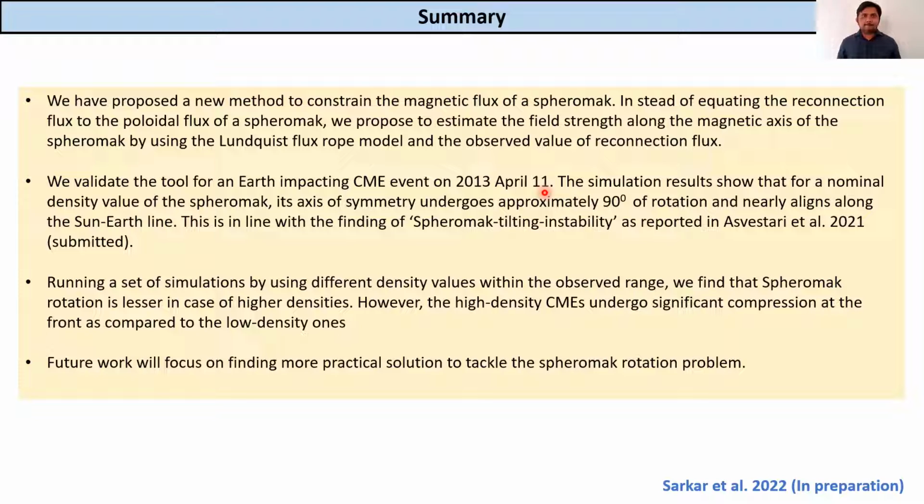We have found that with the higher density the rotation is less, but then the CME undergoes significant compression in those cases. And our future work will focus on finding a more practical solution to tackle this spheromak rotation problem. So with that, I would like to end here and thank you.